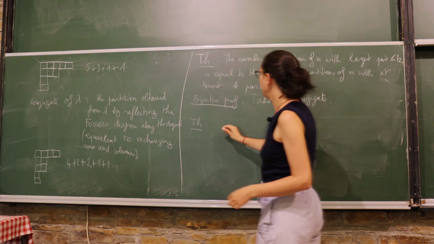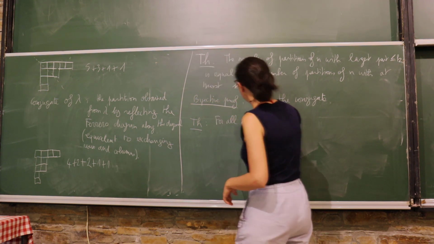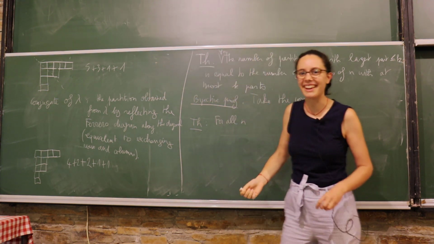There is an identity that says that for all n, I forgot to write for all n here, but I guess you guessed that.